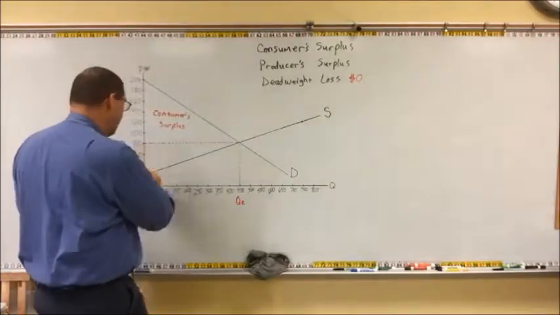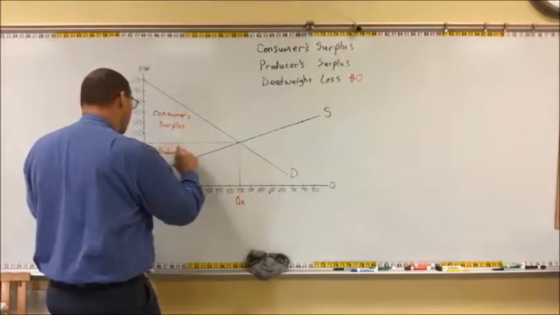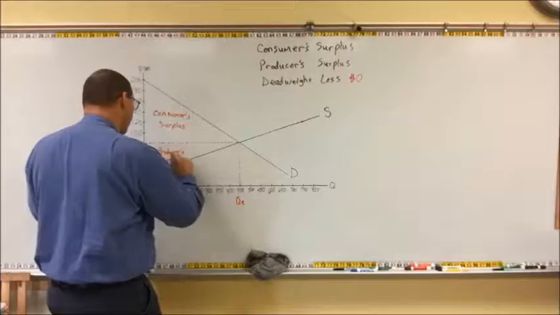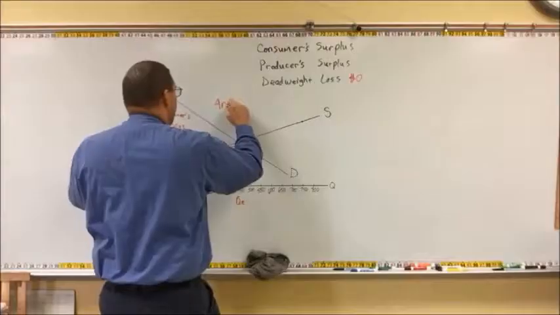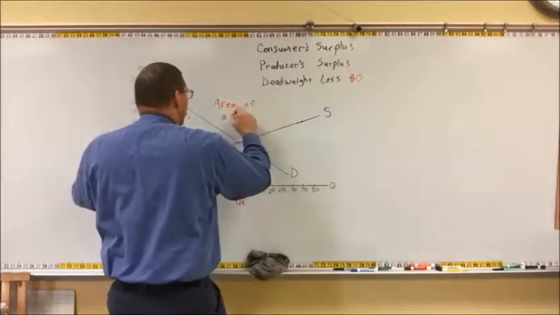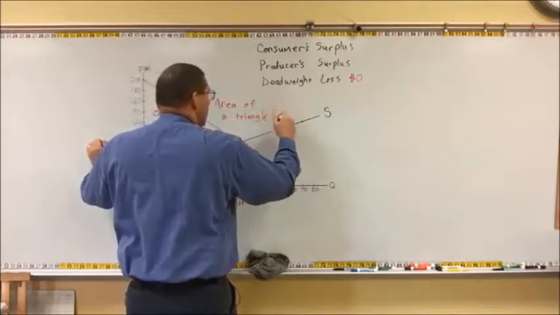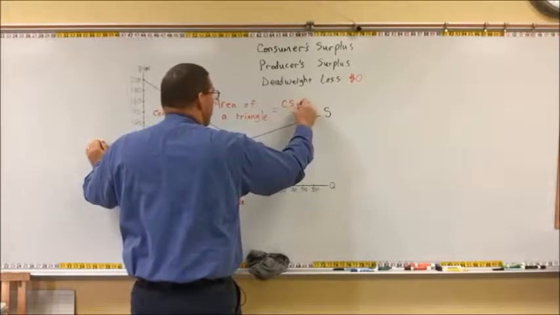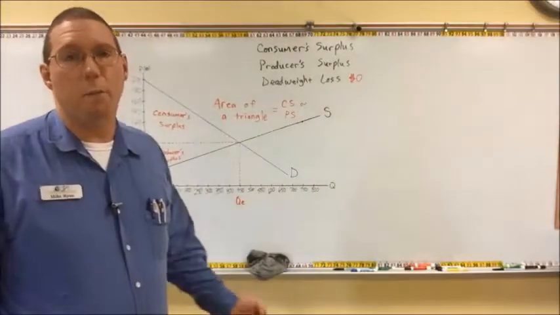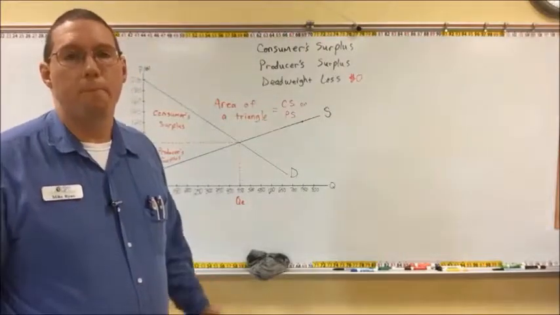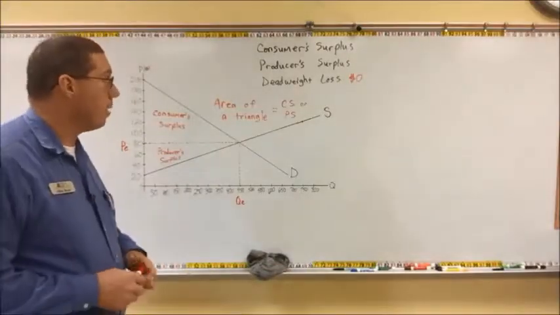This triangle down here, that is producer surplus. So the area of the triangle is equal to either consumer surplus or producer surplus. It's the same thing for deadweight loss. Deadweight loss winds up being a triangle also. And so we can just find the area of a triangle to find consumer surplus, producer surplus, and deadweight loss.